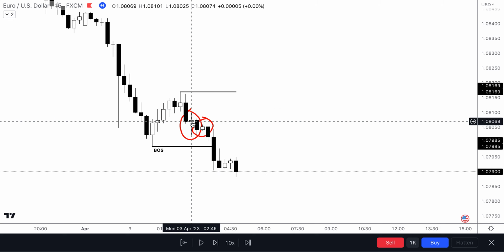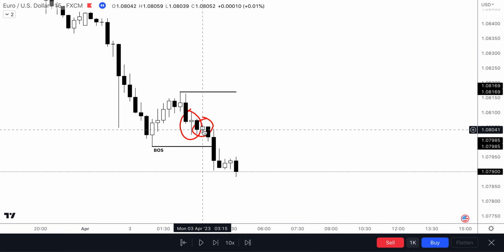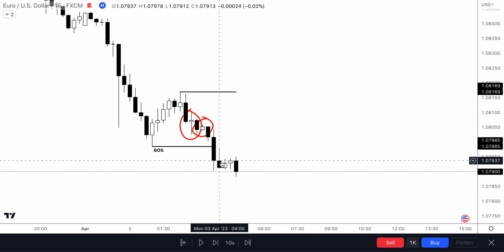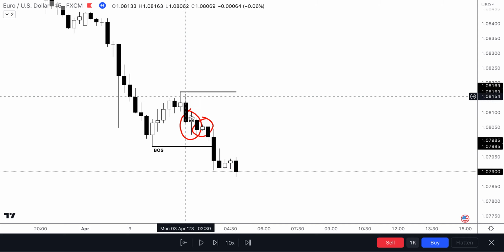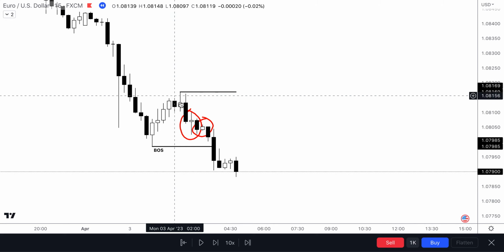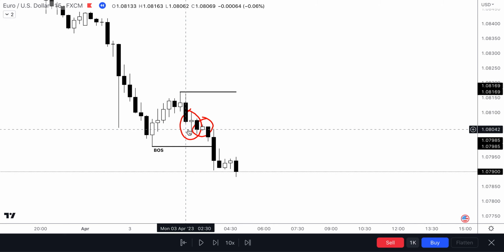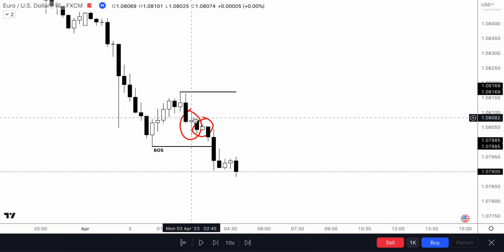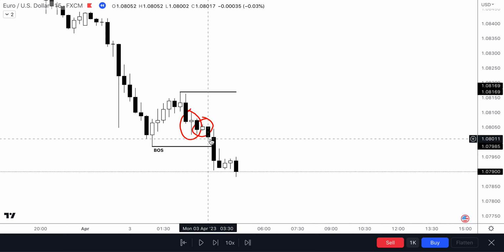If these bullish candles here were bearish, then yes, this would be a valid break. We want to be trading a trend following strategy only when we know who is fully in control, and in this market it's not entirely sure. We have sellers step in, some buyers step in, sellers, buyers, sellers. It's inconsistent, so this is not what we want to see.